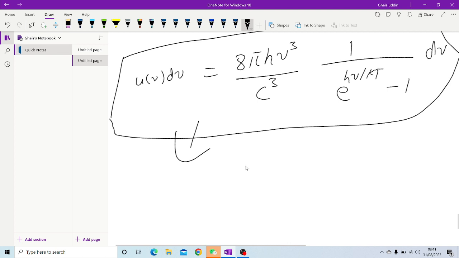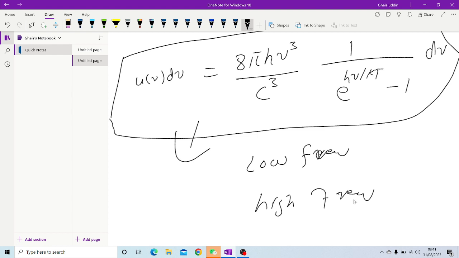So we will get the results for low frequency and for high frequency. This means that Planck's radiation law has successfully explained the spectrum for the black body radiation. So in the next lecture we will see how this equation can go to the lower frequency and higher frequency.